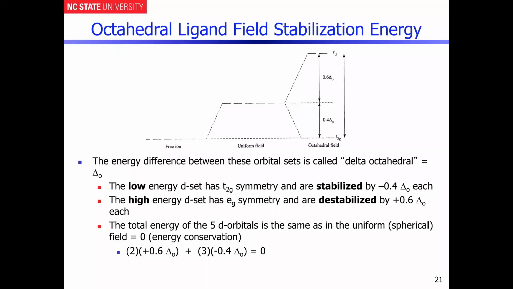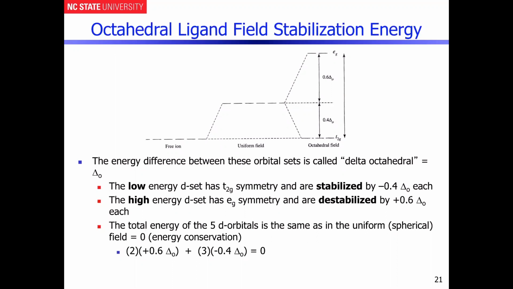Well, so now we'll talk about the octahedral field stabilization energy. This is also going to be continuously called ligand field stabilization energy, and it's also synonymous with crystal field stabilization energy.